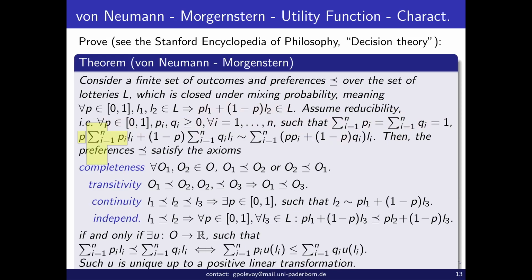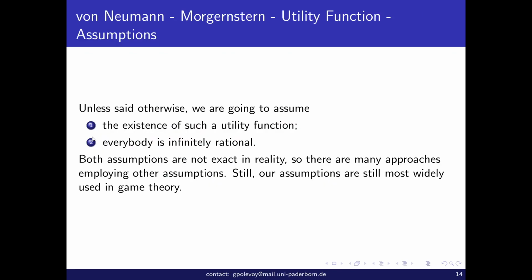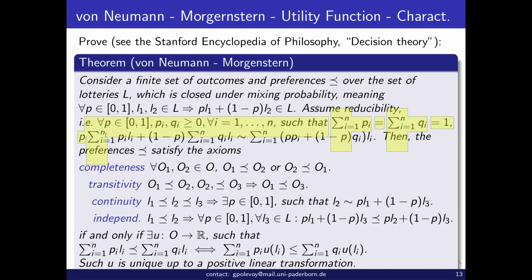You take that one with probability P, and some other combination of Li's with weights Qi with the rest, and that's in turn also a lottery, because that's a combination of lotteries.